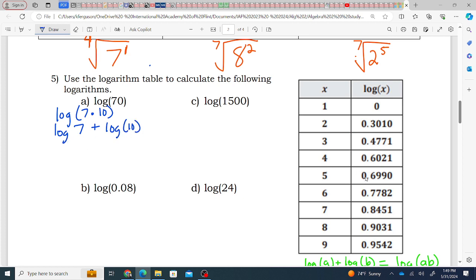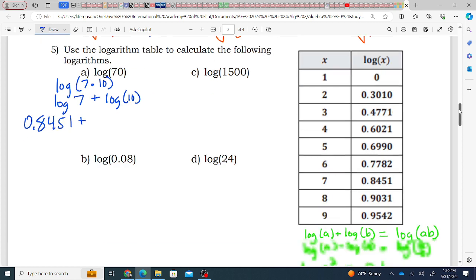So log of 7 is over here, it's 0.8451. Log of 10, oh wait, log of 10 isn't over there. But what's the base for log when there's no base there? It's 10. So when I have log base 10 of 10, what does that equal? Well, I'll give you a hint.